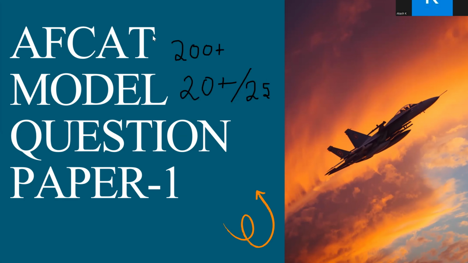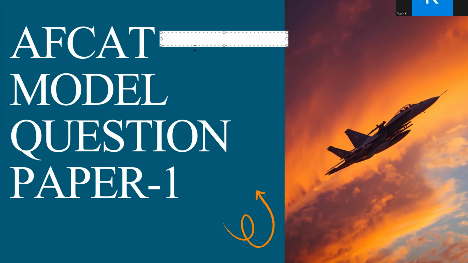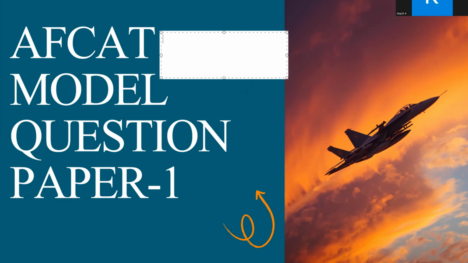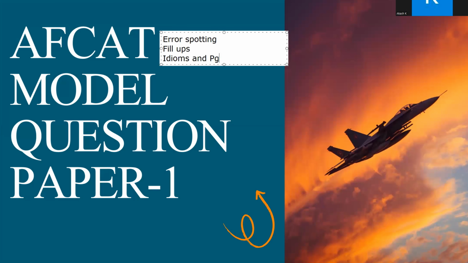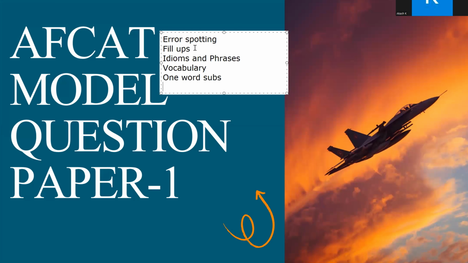In this model question paper, we have around 25 questions, and we have covered areas like error spotting, fill in the blanks, idioms and phrases, vocabulary, which focuses on synonyms and antonyms, and one word substitution. And the most important, we have logical arrangement of sentences, that is PQRS.